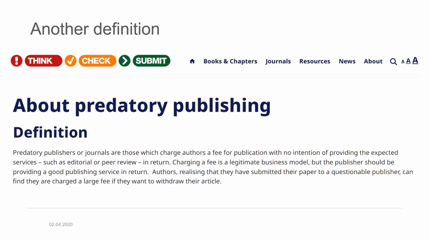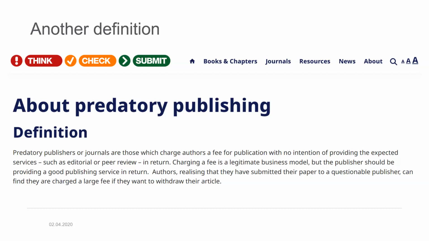There are also other definitions. A non-profit organization, Think, Check, Submit, which basically provides guidance for academics in terms of publishing. So their definition is that predatory publishers or journals are those which charge authors a fee for publication with no intention of providing the expected services, such as editorial peer review in return.